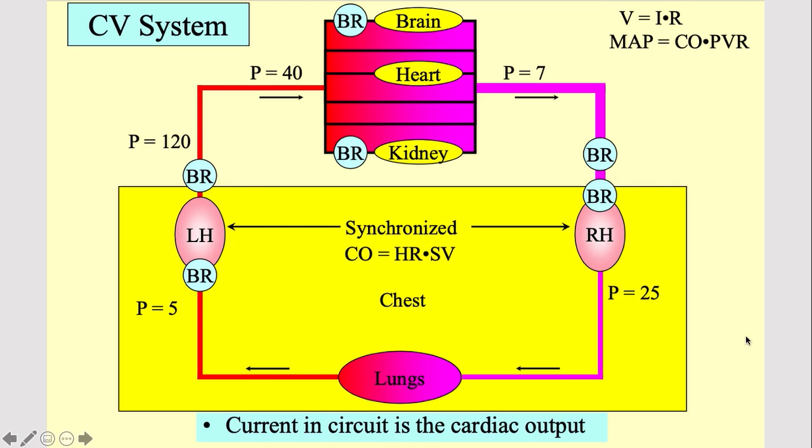Again, increasing the stroke volume is going to increase the pressure here, which will decrease the pressure there because it's using up more fluid, and then decrease the afterload, or the pressure that the left heart has to push against. So you can get a larger stroke volume out of the left heart for the same amount of pressure because it's not pushing against as much.